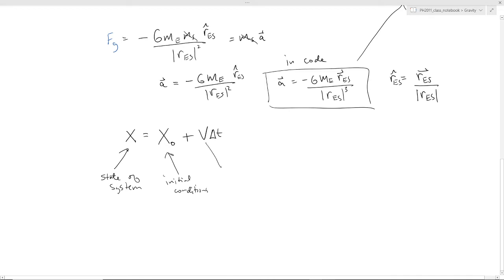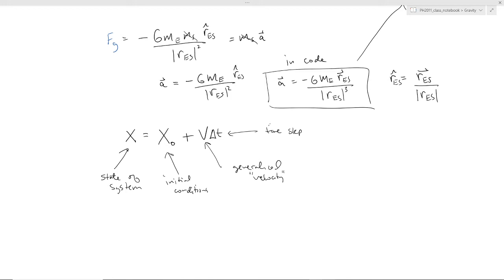This is our generalized velocity. And this is the time step. I realize this is kind of abstract math that you're maybe less familiar with, numerical integration.